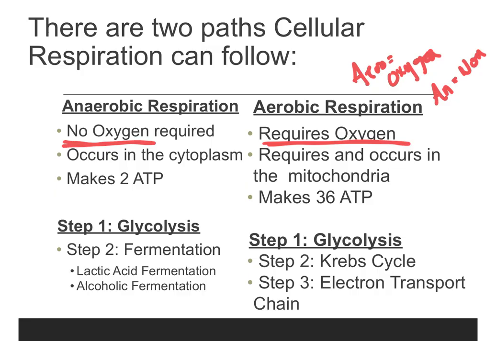Anaerobic respiration is located in the cytoplasm, whereas aerobic respiration happens in the mitochondria. The very significant difference is the amount of ATP being made. With anaerobic respiration, you only net 2 ATP, whereas with aerobic respiration we net 36 ATP altogether.